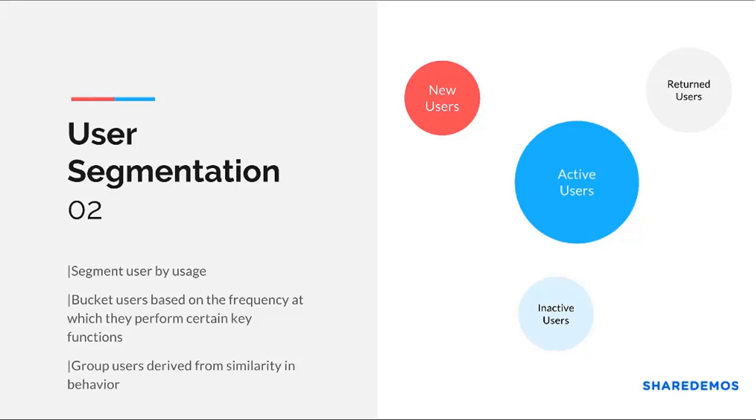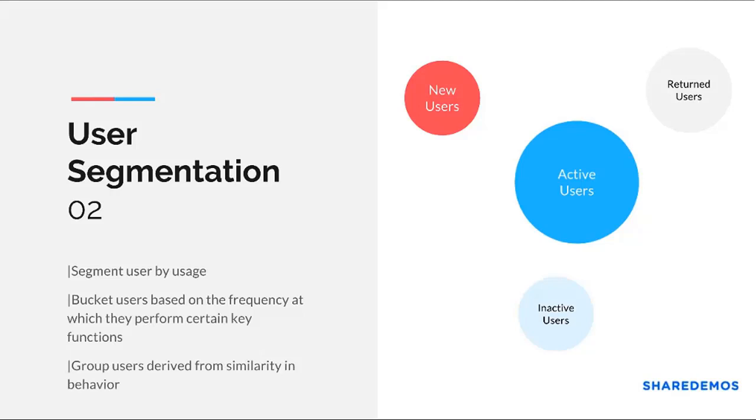Inactive users were once actively using your product and then became inactive. And returned users were once actively using your product, then became inactive for a period of time, and then became active again.